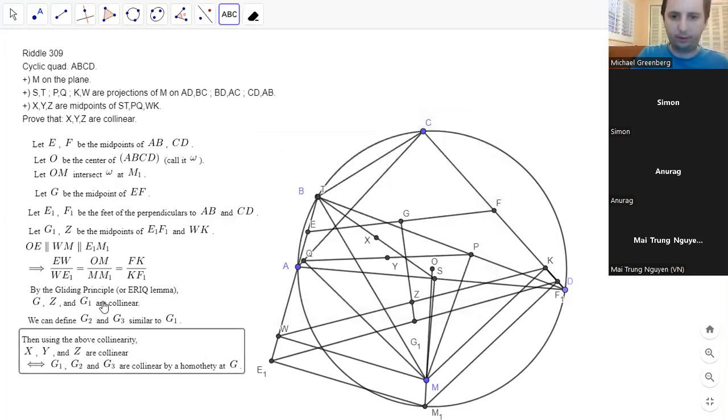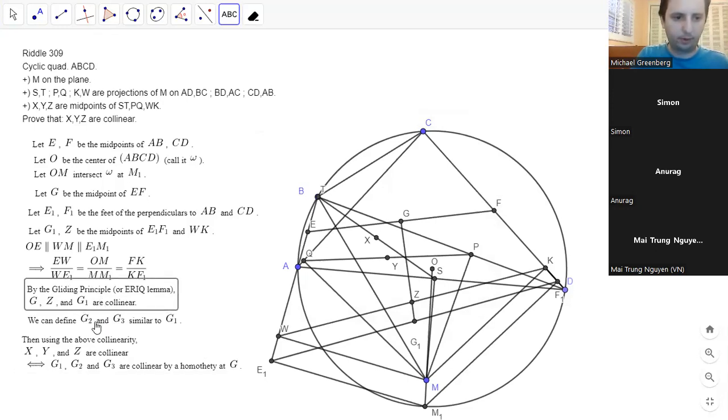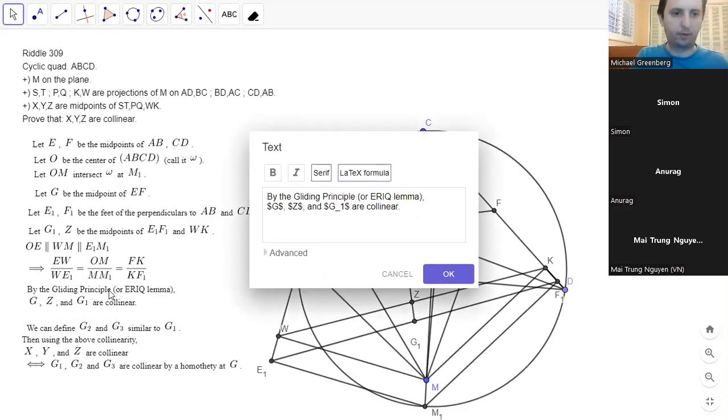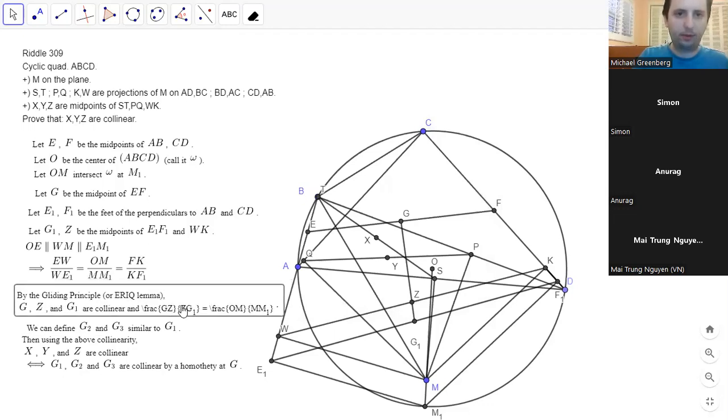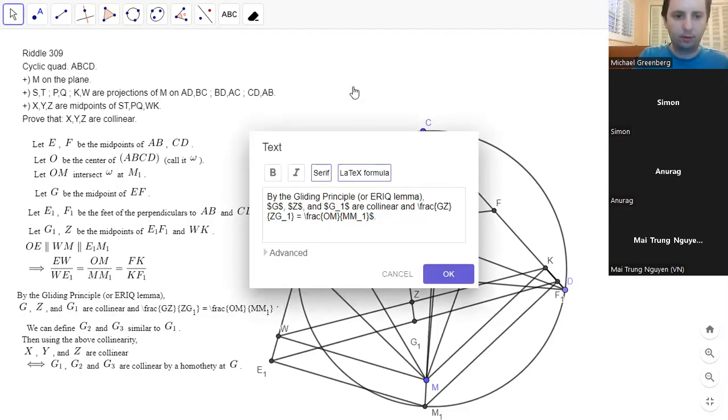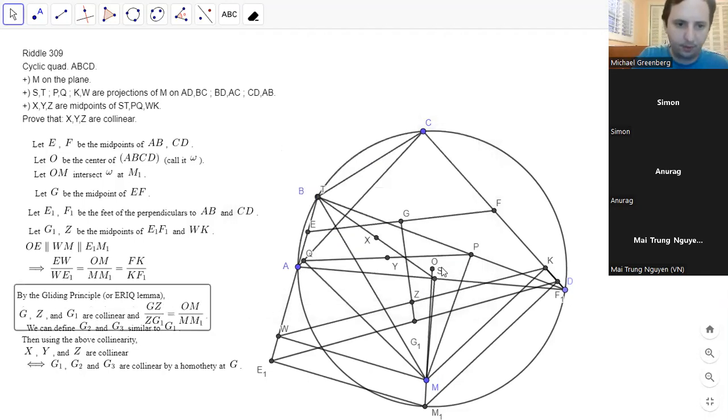So not only are they collinear, we also have those are equal to OM over MM1. So we also need, so basically all these ratios would be equal to OM over MM1. Did I miss something here? Oh, I need another dollar sign. Okay.